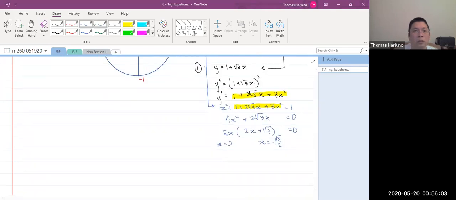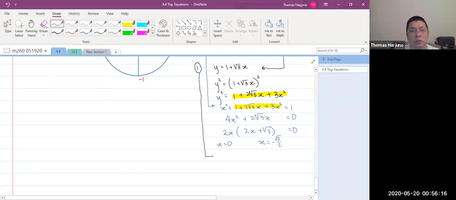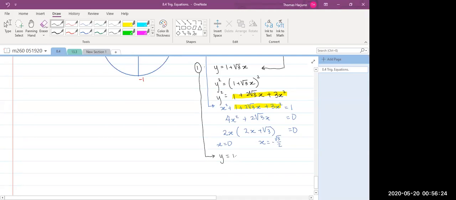Now, are we okay so far? Yes. I found the x, now I want to find the y. From this equation for y, if x equals 0, what's the y? It's 1.